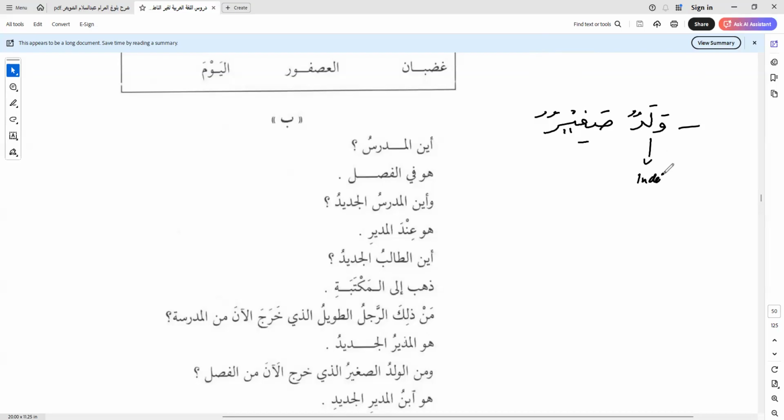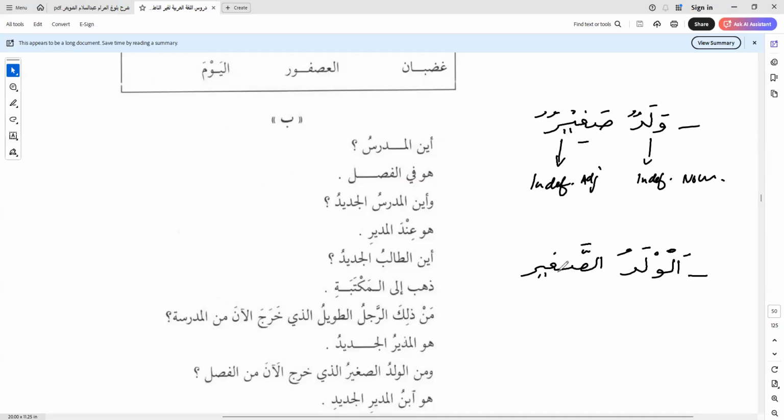Indefinite noun. What about my adjective? It's also an indefinite adjective. Now, if I say al-waladu, then I have to say الصغير.